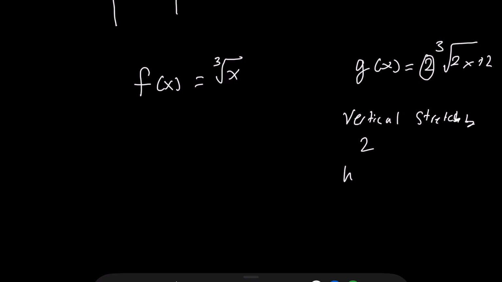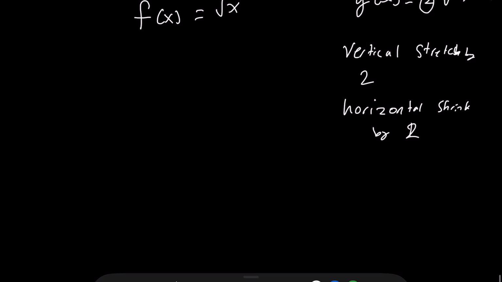There is a horizontal shrink by 2. And then because of that, we're going 2 up. That's pretty much all you need to know about transformations.